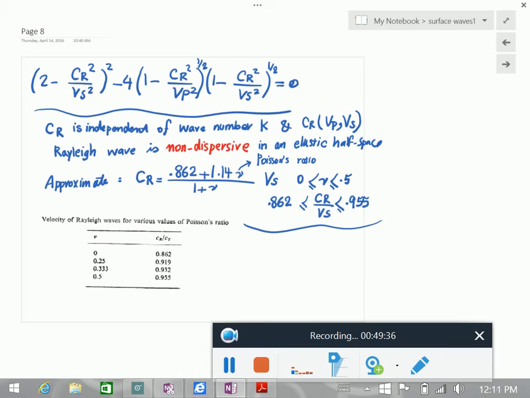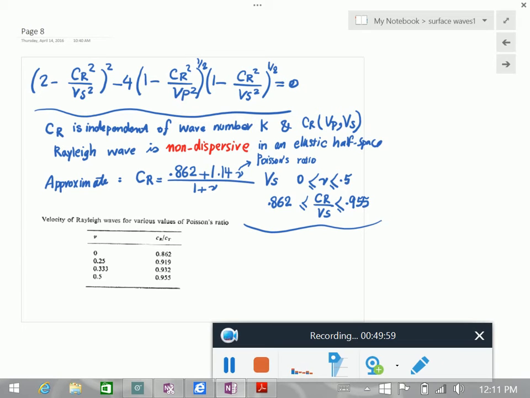I think that somewhere I also have the expression with P-wave. I do. I'll show it to you. But this is what we have. So far this is about the velocity. Now we know the velocity of P wave, S wave, and also the velocity of surface wave.